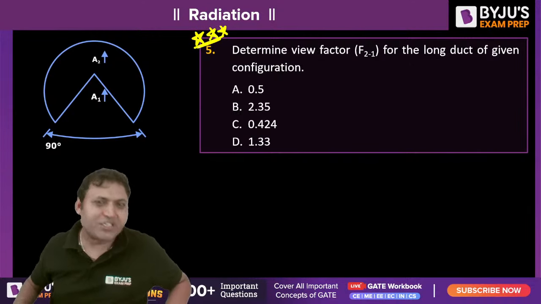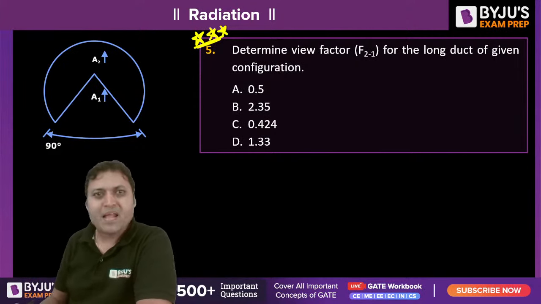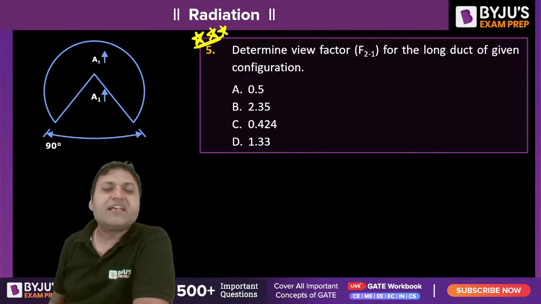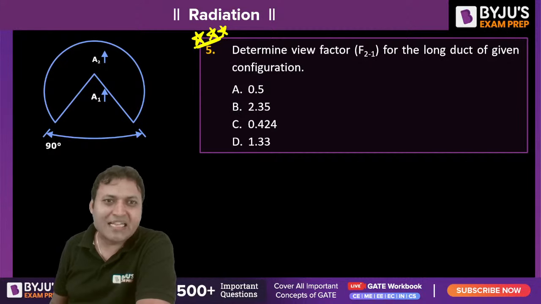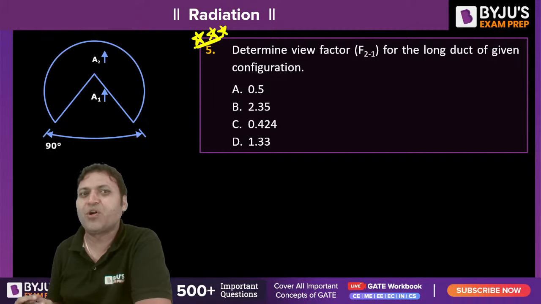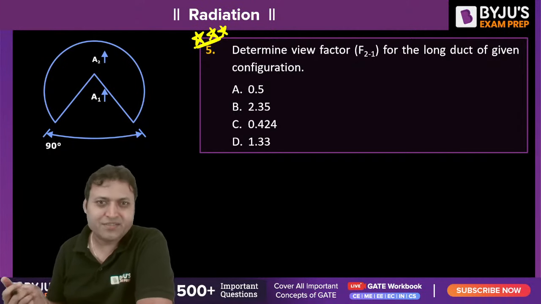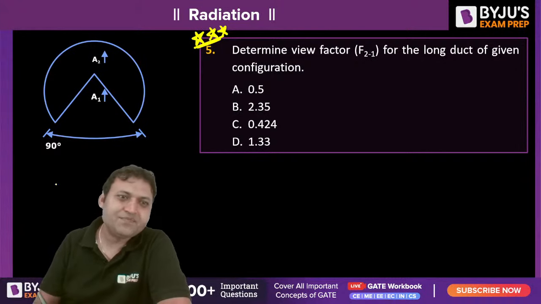Now some questions from radiation. Question number 5. Shape factor is one of the important topics in radiation. Shape factor algebra and the analysis of radiation are the two most important parts of radiation. Determine view factor F2 to 1.